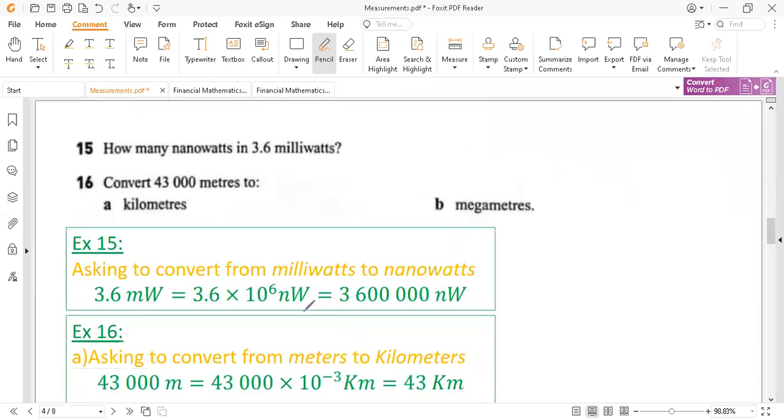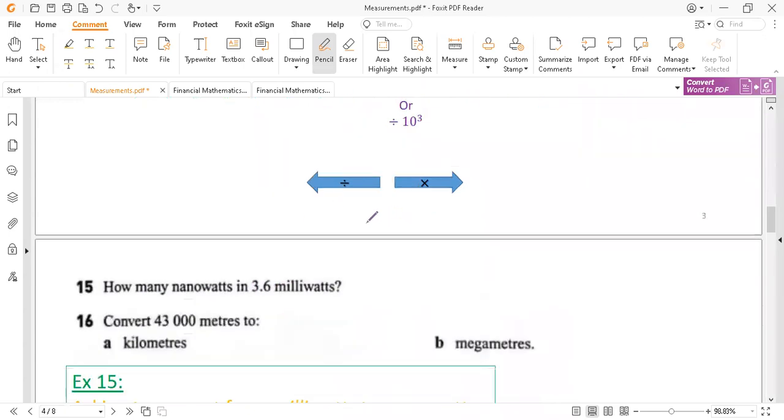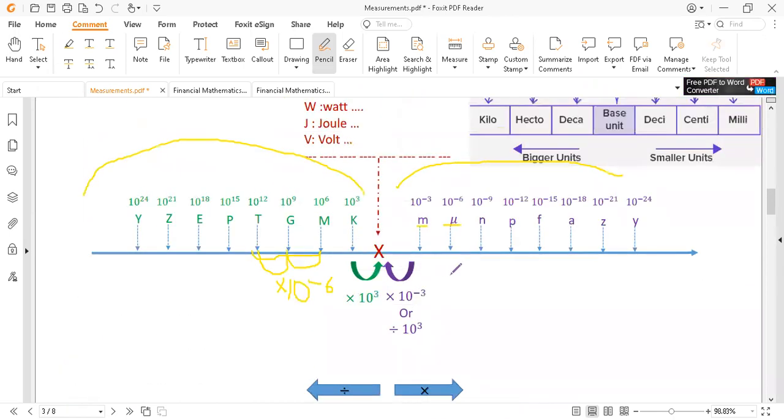They ask us here in these exercises how many nanowatts in 3.6 milliwatts. So we have the milliwatt as the unit, and we want to convert to nanowatt. We are here, and we want to go to this one.